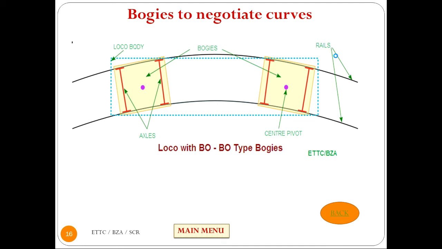So bogies are provided to permit a long loco body to negotiate the curve. A small length of bogie is always desirable, so generally compared to the loco body, bogie length remains small.